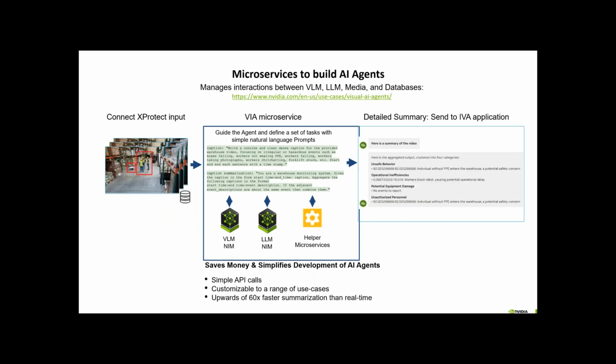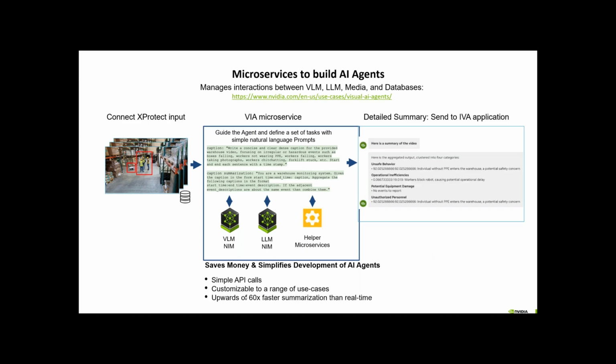So moving forward, how do you build these AI agents? Well, the way you build these AI agents is with the help of microservices. So there is a microservice called VIA, and this microservice, I'm going to demonstrate to you how easy it is to connect with XProtect and then use the AI Bridge API gateway to actually summarize the content of a video.